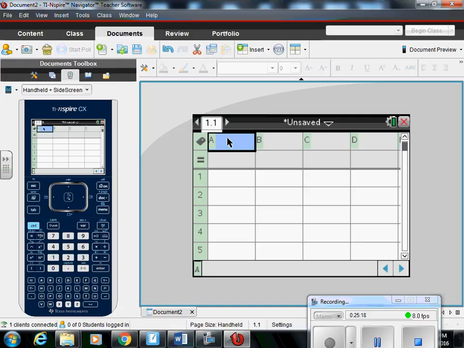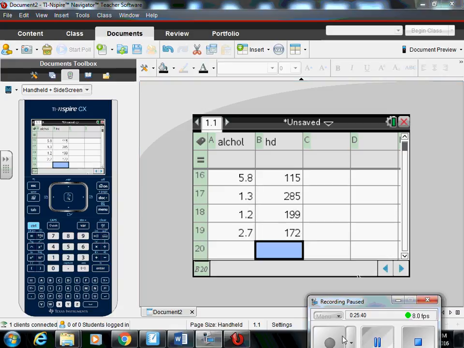I'm going to put in my alcohol, because that's what they told me was the first one. I totally spelled that wrong. And we'll call this HD for heart disease. And this is going to take a little bit, but, oops, 2.5, 3.9, 2.9. I'm going to pause and do this.